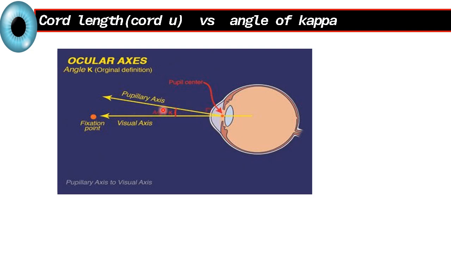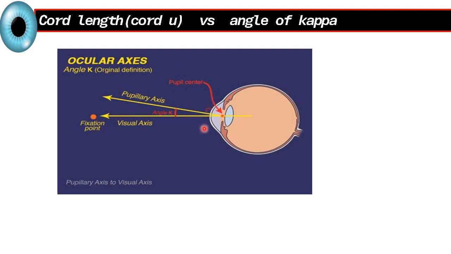When we look through the slit lamp at the cornea, the image we see is magnified by about 0.14%. So the angle measured from the surface of the cornea is not the real angle kappa. It is virtual, magnified by about 0.114%.